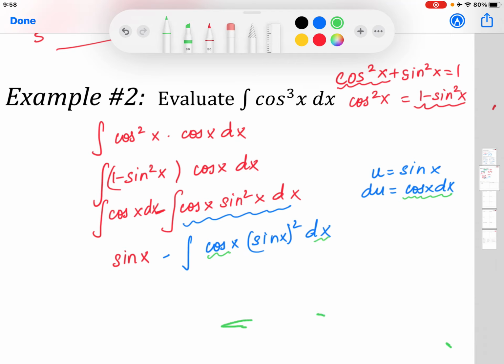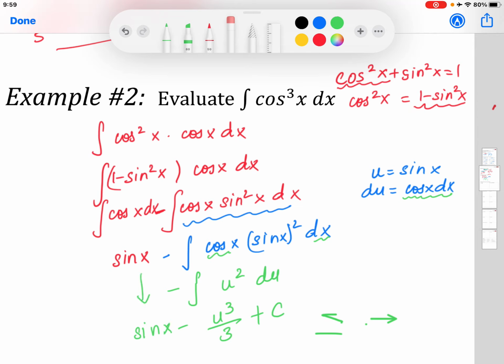So I'm going to do the second part. It's negative the integral of u square du. The integral of u square is u cubed over 3 plus c.